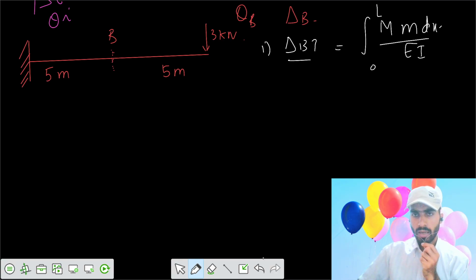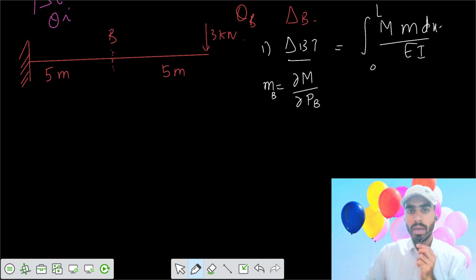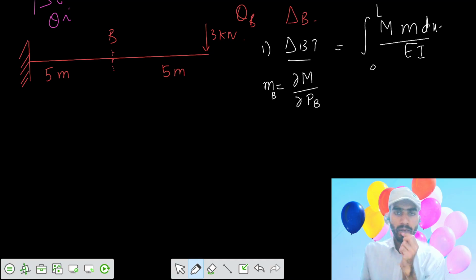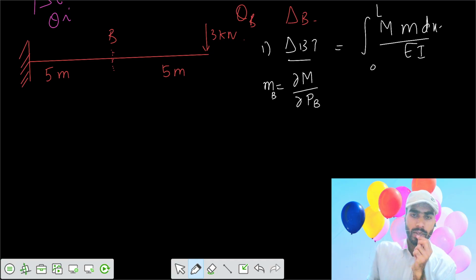So you need the moment at any x, and the partial derivative of strain energy with respect to the load at the point where you want the delta. Here m is the partial derivative of M with respect to P at location B. We can write it as mB, the partial derivative of the moment at any x with respect to the load applied at location B.